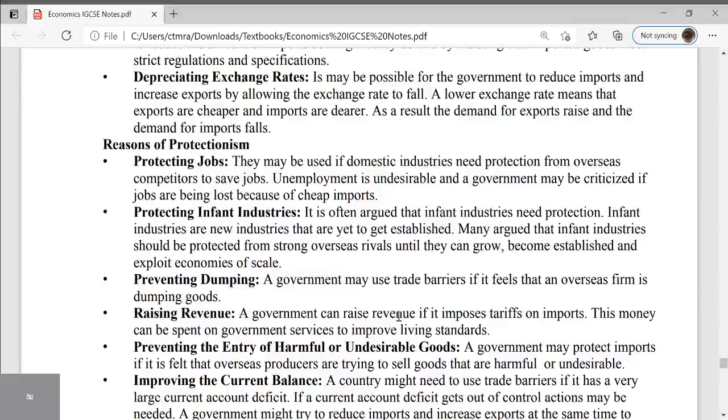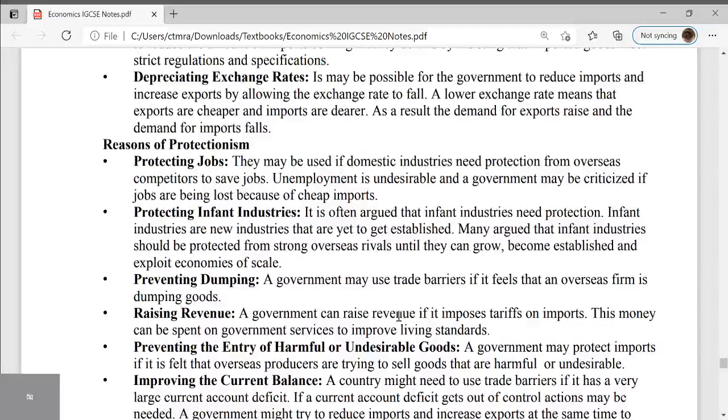So foreign firms can continue with the loss, but the local firms may not be able to continue with this kind of loss, okay? And they may shut down.